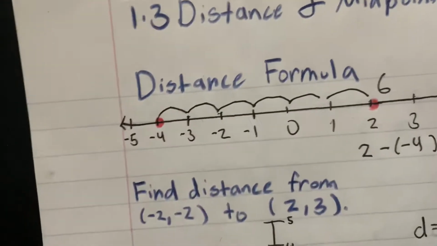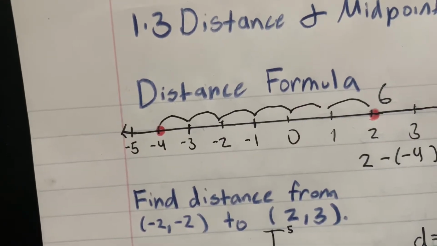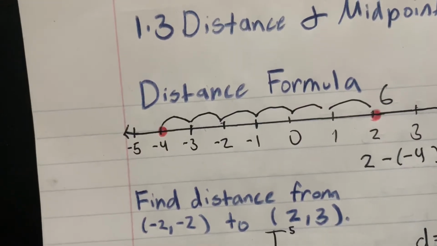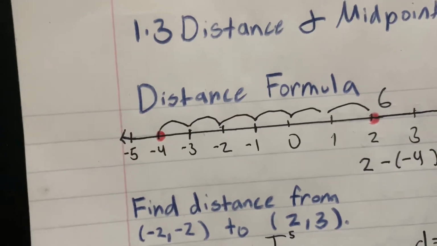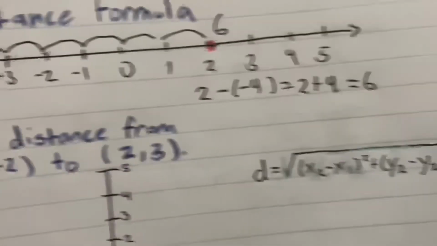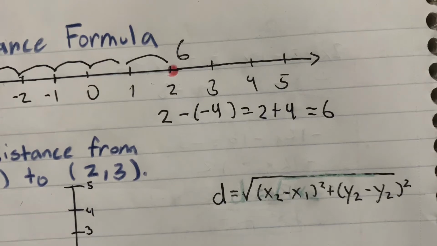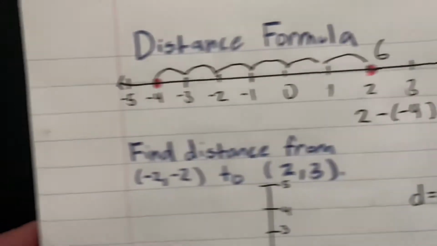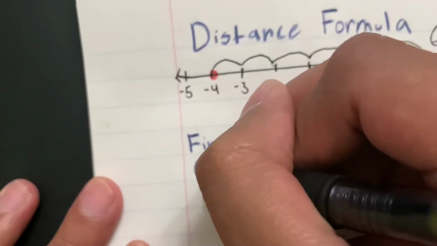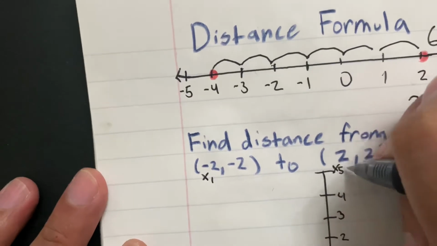So now we are given: find the distance from -2, -2 to 2, 3. And you're like, how do I do that? Well, here is a little formula for you to write down. It's D equals the square root of x2 minus x1. Here I'll write it right here. This is x1 and this is x2.